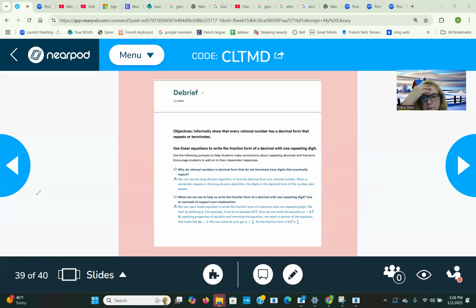What can we use to help us to write the fraction form of a decimal with one repeating digit? Use an example to support your explanation. We can use a linear equation to write the fraction form of a decimal with one repeating digit. We start by defining x. For example, if we let x represent 0.7 repeating, then we can write the equation x equals 0.7 repeating.